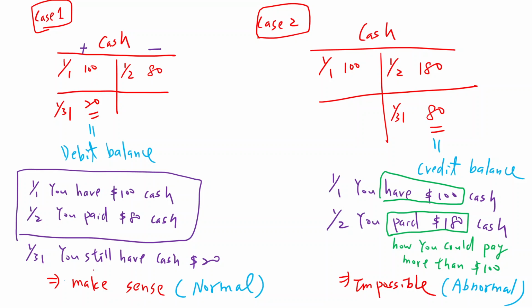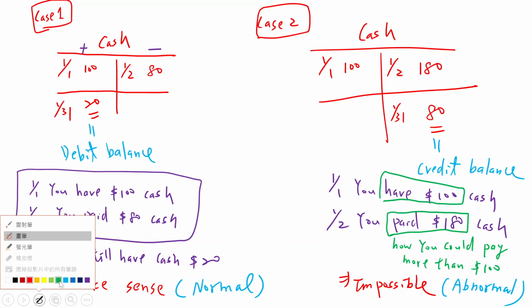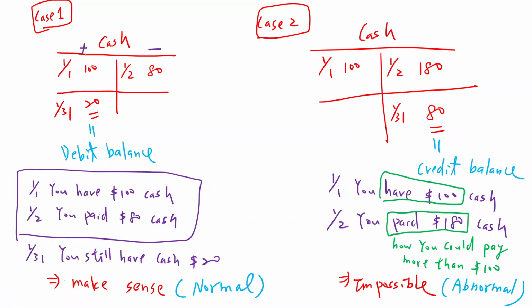So the normal balance, the normal situation, usually the number will appear on the increase side. So this is the increase side. Okay? So normal usually should appear on the increase side.